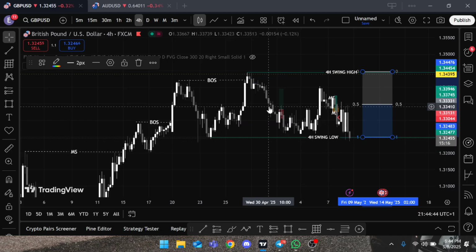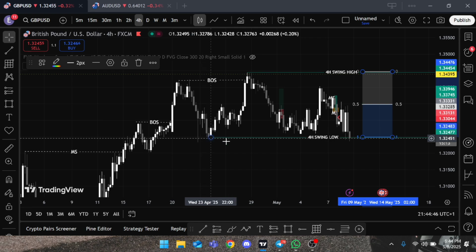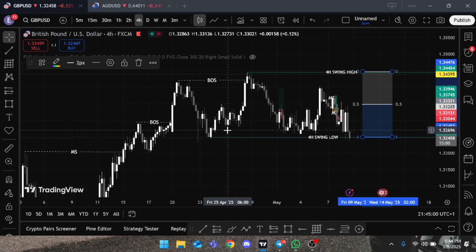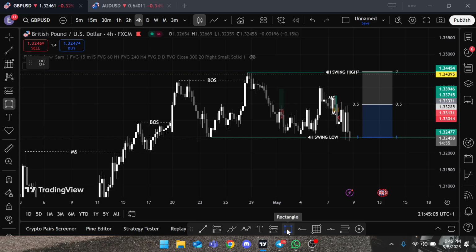So any demand zone you can find between this range, the discount range, from this point to this point is where you should look for your demand zone. And one solid demand zone you can see on the 4-hour candle is right here.